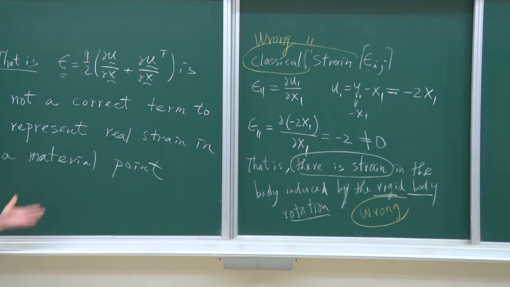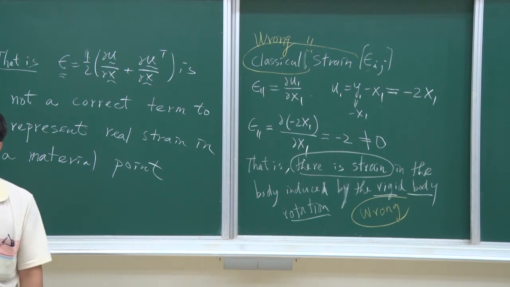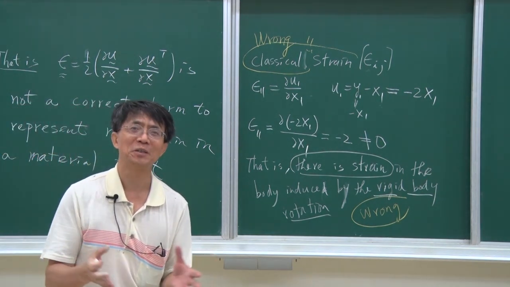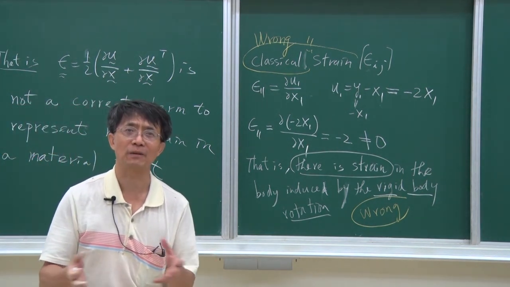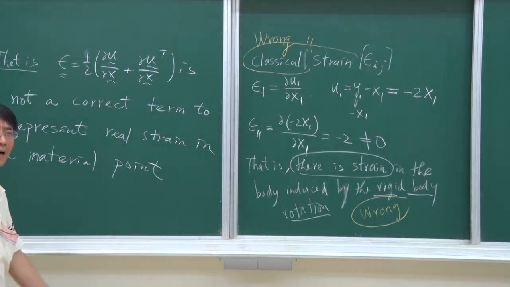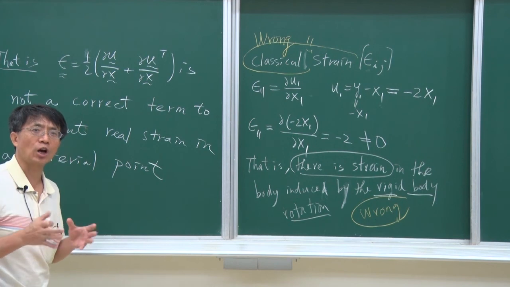So this classical strain is not a correct term to represent the real strain in a material point. Because of this, we have the whole semester of theory development to answer this hard challenge.